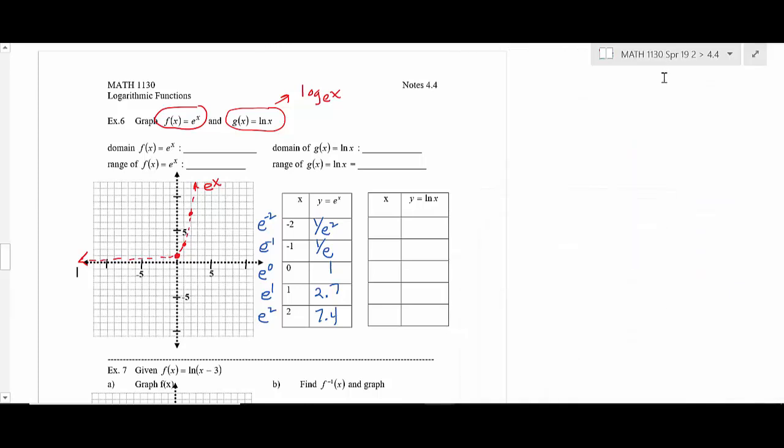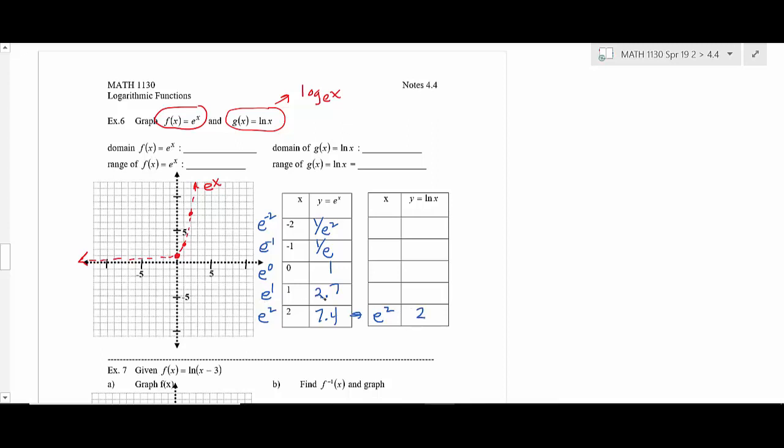Now what we're going to do on this table is real simple. We don't even need to work this table out. What do I do with all the points since they're inverses? They just all go backwards, don't they? So what you're going to do here is just change all these things, okay? Instead of 2, e squared, that will become e squared, 2.